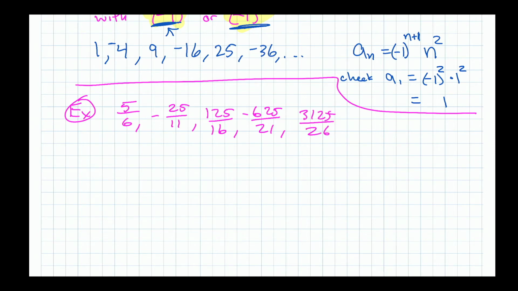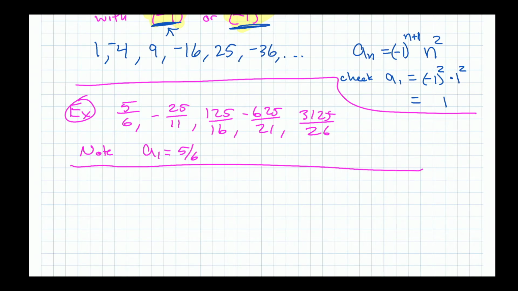And they say note A1 is 5 over 6. That's just so you know that the first term is A1 instead of like A0 or A3 or something like that. So they just want to make sure you know that we're starting counting at n equals 1.